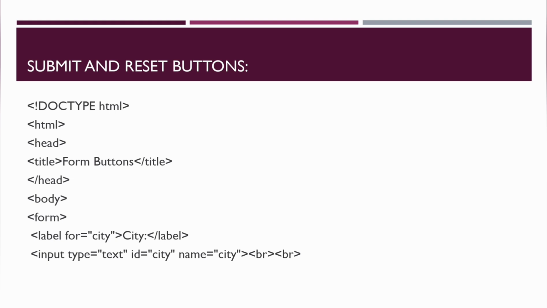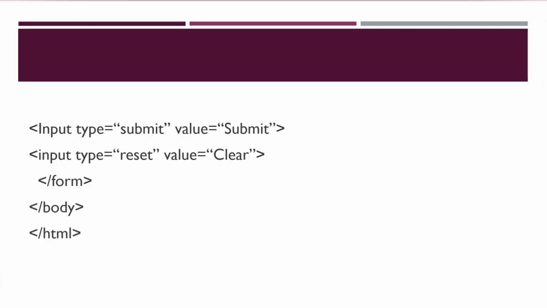Then I use two breaks for space. Then input type equal to submit, value equal to submit, next input type equal to reset, value equal to clear, which is going to be displayed on the output screen, and I closed it all.